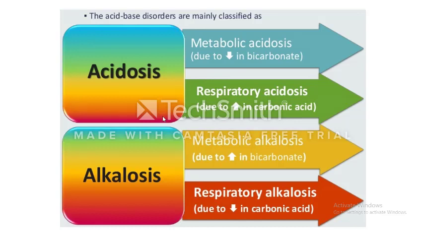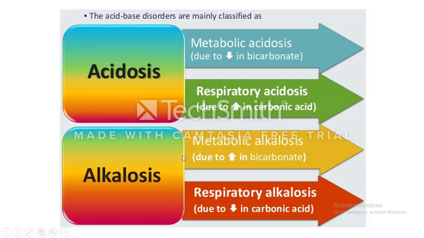Now the acid-base disorders are mainly classified in two categories depending on the reason. Acidosis can be metabolic acidosis, that can be due to the drop in bicarbonate ion concentrations, or it can be respiratory acidosis, and the reason for respiratory acidosis is the rise in the carbonic acid.